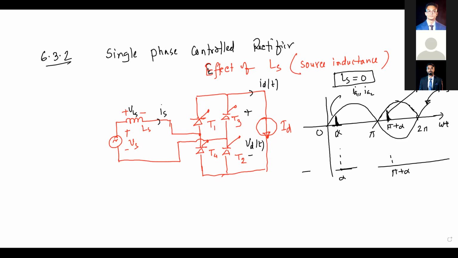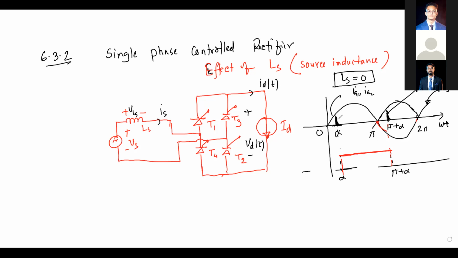Okay, then we have already discussed these things. Our input current IS, until pi plus alpha, we have not applied the firing pulse. Also after pi, your T3 and T4 are forward biased, but since these are not fired, the current will still keep flowing.